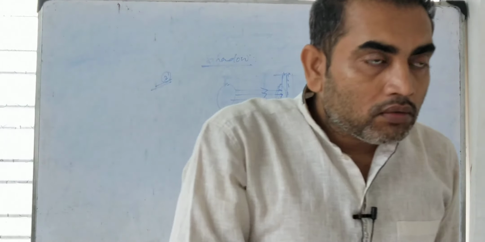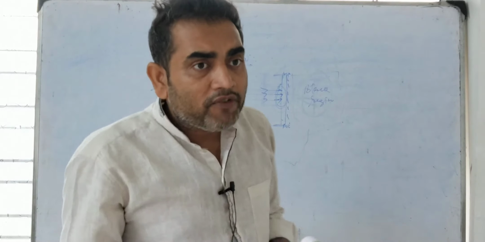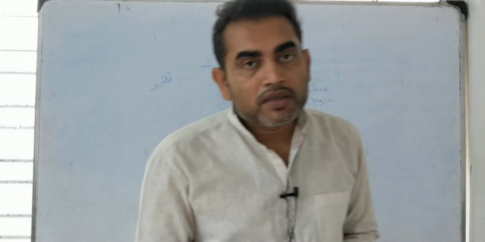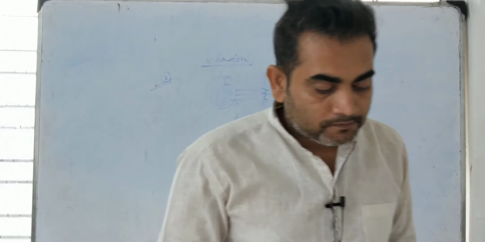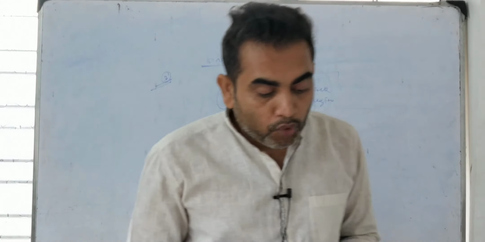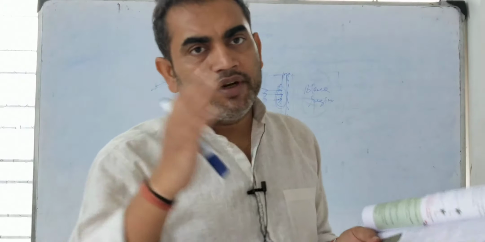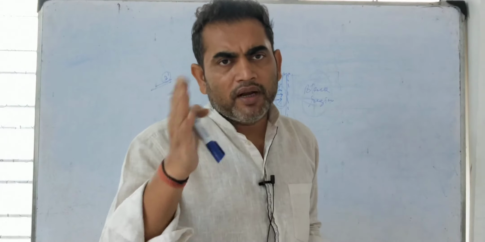So we understand from this point that the size of the shadow varies. It will not be as long as the shape or the size of the object. The shape depends upon the position of the object and the light source. Obviously, if it is oblique, it will have a different shape. If it is a tangent, it will have a different one.